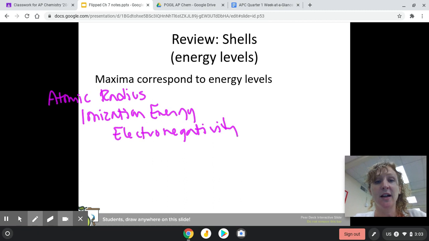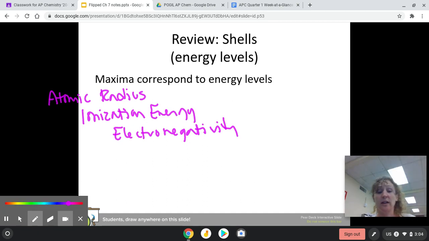Your book might talk about electron affinity, and electron affinity and electronegativity are very close concepts. And the one I really want you to grab a hold of is electronegativity. Okay, there is one more that we'll talk about, which is the ionic radius. But let's get through these three big ones, and then we can talk about ionic radius after that.